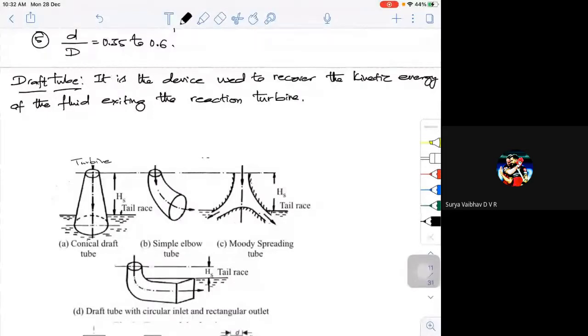Okay, that's the first condition. So the first definition is that it is one device which is used to recover the kinetic energy. It also helps us to install your turbine above the tail race.